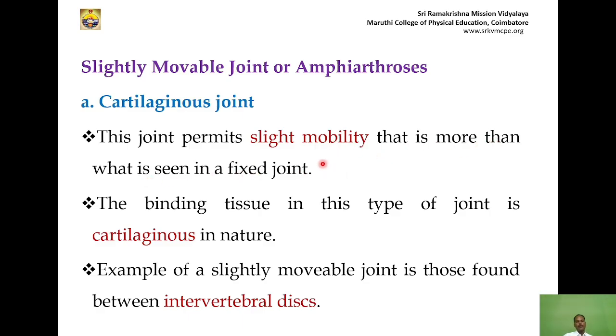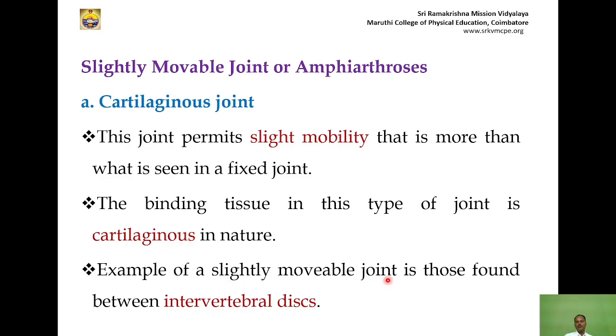There is no big movement possible, but there is a slight movement possible compared with the immovable joint. The binding tissue in this type of joint is cartilaginous. Already we have seen that where the binding tissue is fibrous, there is no movement. Here the binding tissue is cartilaginous, that's why a small movement will take place.